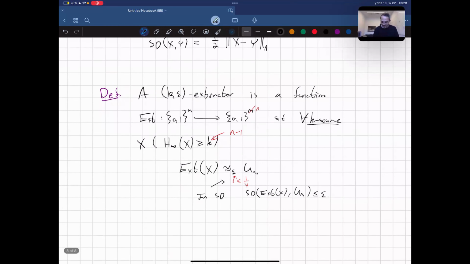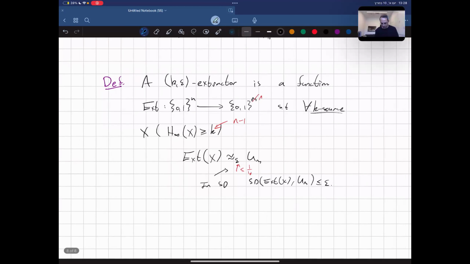And the reason is that given the extractor, you can always cook up the following source. One of these two sets, the pre-images, will be larger than 1/2. So for simplicity, let's assume it's this one, without loss of generality. Consider the random variable which is uniform over that.